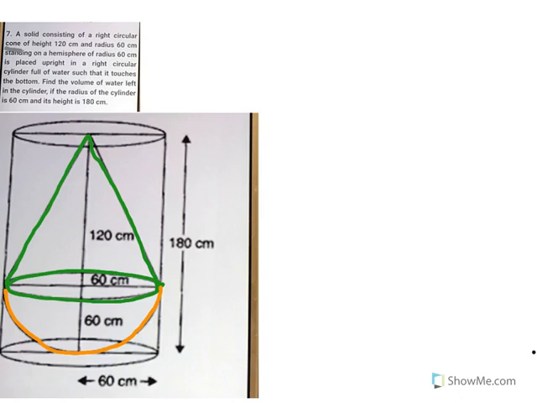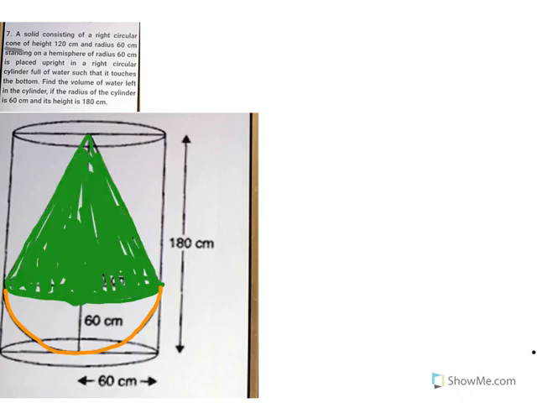Of radius 60 centimeters, it is placed upright in a circular cylinder full of water. Now this object, formed with the help of a cone and a hemisphere, is placed in a cylinder.